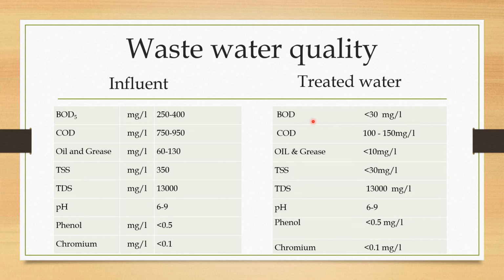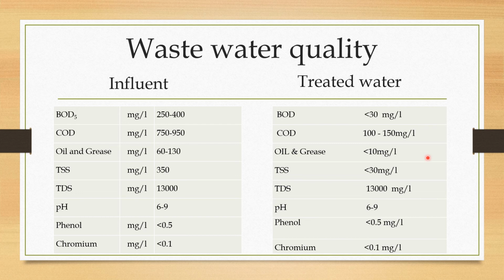The effluent or treated water BOD will be less than 30 milligram per liter, COD less than 100 to 150, and the TSS less than 30 milligram per liter, based on the activated sludge growth and the biomass growth in the aeration tank, and this is calculated by the SV30 result.